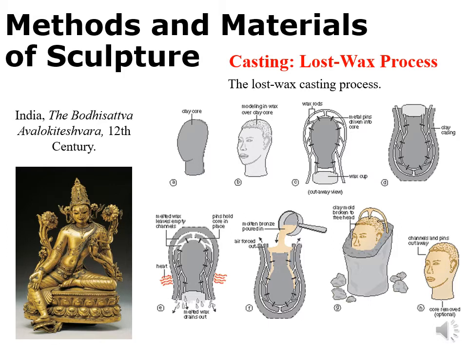It could be hollow on the inside, but you have some type of core that would take up a lot of space, so that when you get to B, when you do the wax on top of the core, you're not having to use a whole lot of wax, and at the same time it cuts down on the amount of bronze that you would have to use for the casting.